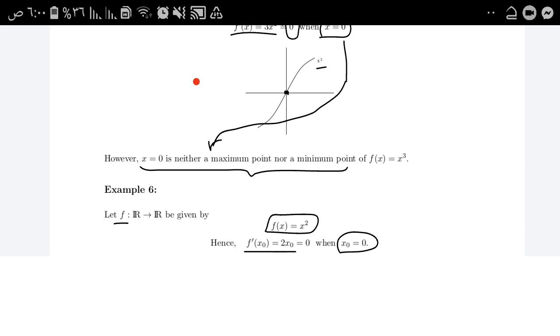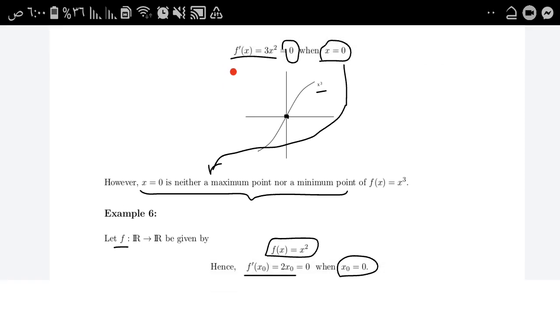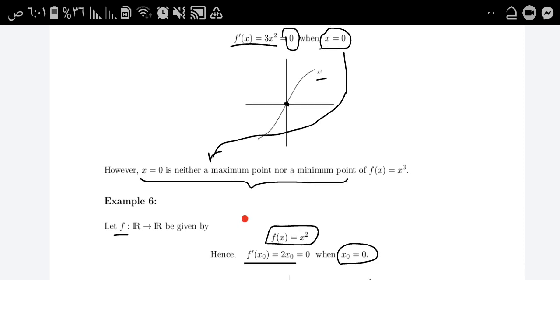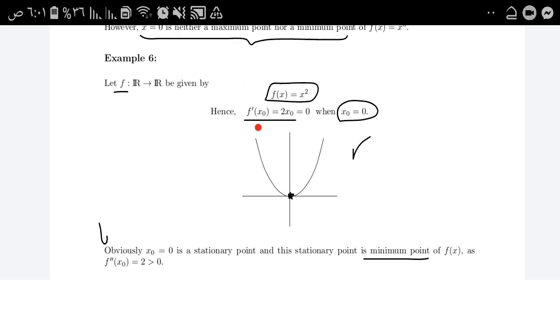In example 5, the derivative at the point 0 is zero, but this point is neither a maximum nor a minimum. In example 6, the derivative at the point 0 is zero, and this point is a minimum. Okay. As Hussein said, a maximum or minimum exists in example 6. A minimum exists.